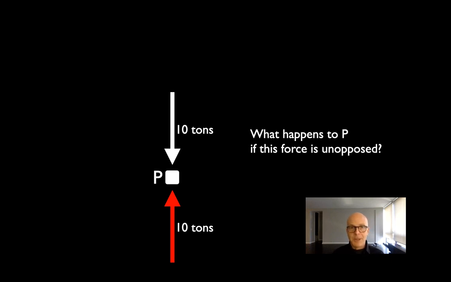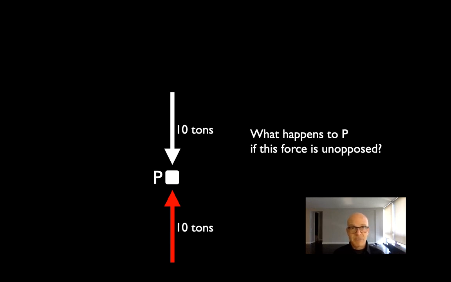Note that they're both aligned 90 degrees or 270 degrees to horizontal. They're both aligned vertically. Notice that they have exactly the same magnitude, 10 tons, and notice that their sense is opposite. One we could call positive, one we could call negative, or one we could call down, one we could call up. Doesn't matter. They're going in the opposite direction. The red arrow, the red vector, is equal and opposite to the white arrow.